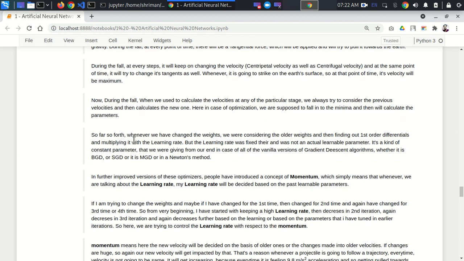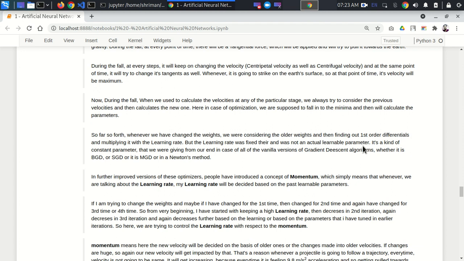So far, whatever optimizers we have seen, used and discussed, whenever we changed the weights, we were considering the older weights, right? And then finding the first order differentials and multiplying them with the learning rate, but the learning rate was fixed there and was not an actual learnable parameter.